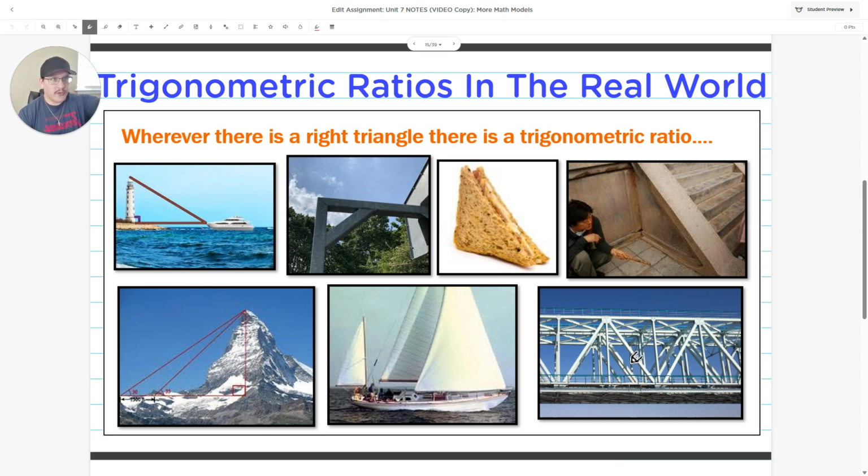But your computer screen can be cut in half diagonally. If you go to the top right of your monitor and create a line that goes to the bottom left of your monitor, you've created a right triangle.